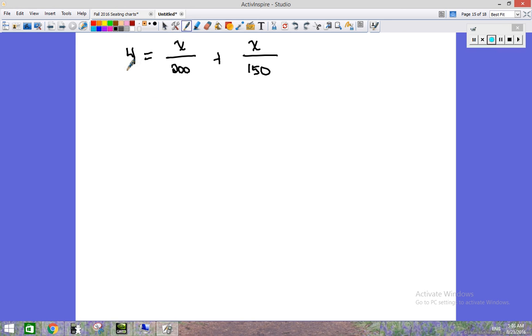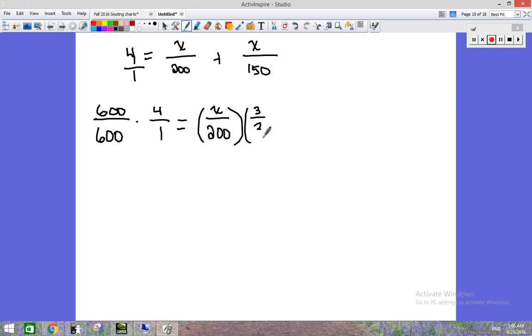All right. So let's get a common denominator, the least common denominator of 600. So let's multiply the left-hand side by 600 over 600. Let's multiply this denominator by 3 over 3, and this denominator by 4 over 4, right?